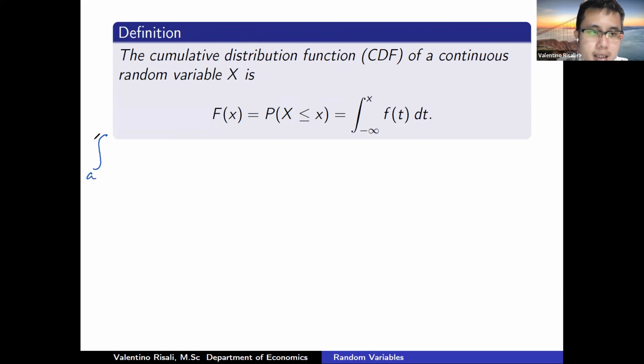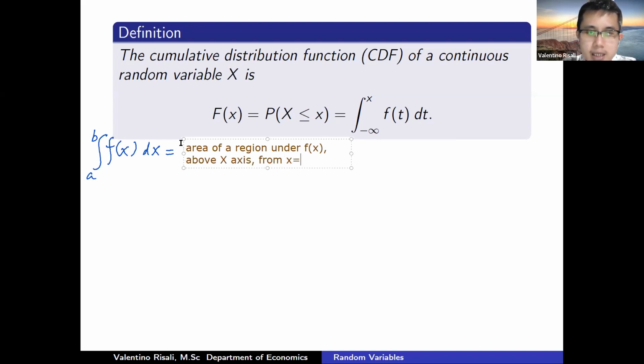This integral actually measures the area under f(x), the area of the region under f(x) above the x-axis from x equal to a until x equal to b.